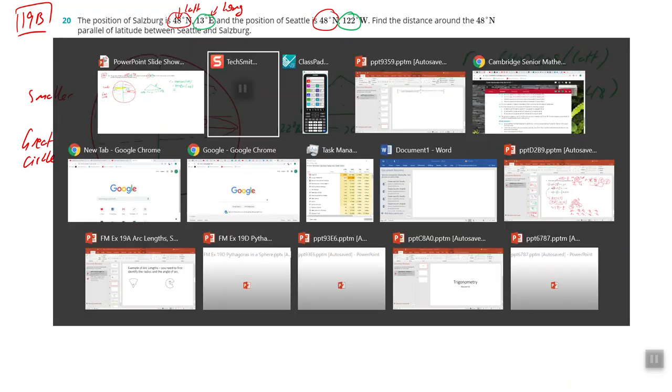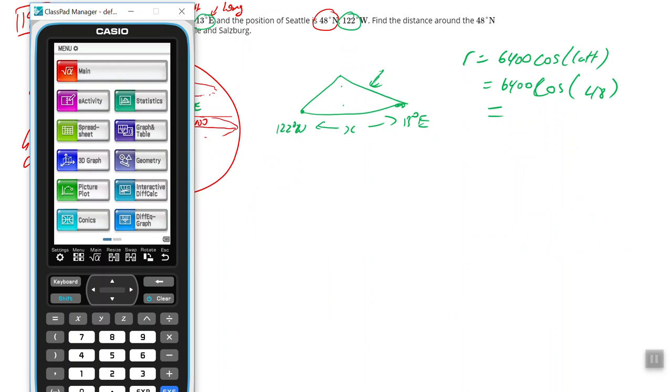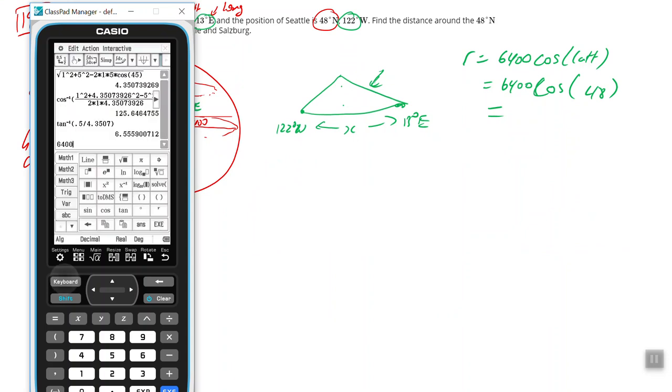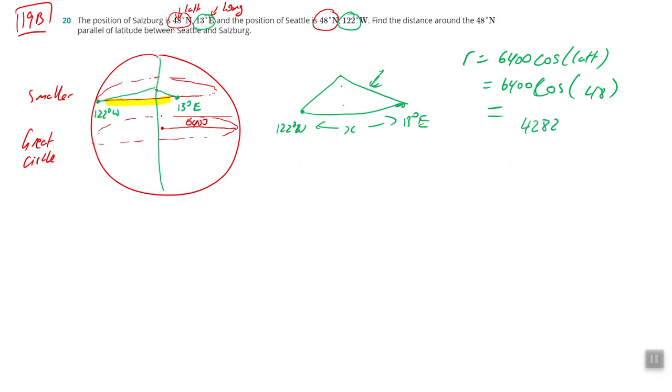Let's go 6,400 cosine, make sure you're in degree mode, cosine of 48. And we get 4282.4359 kilometers.